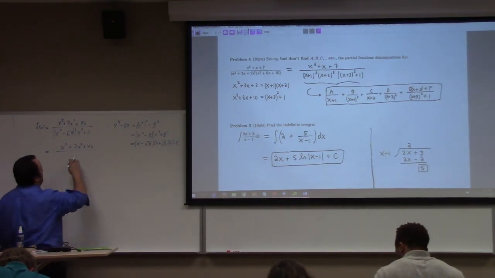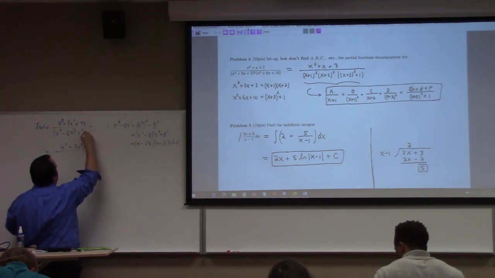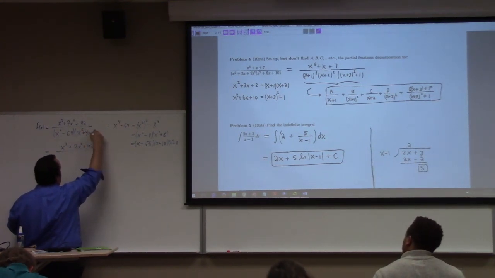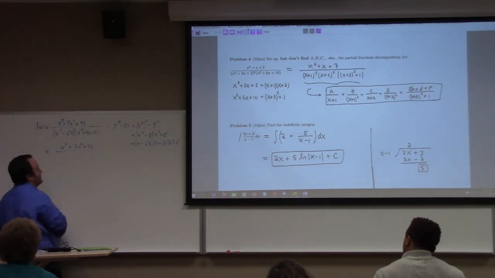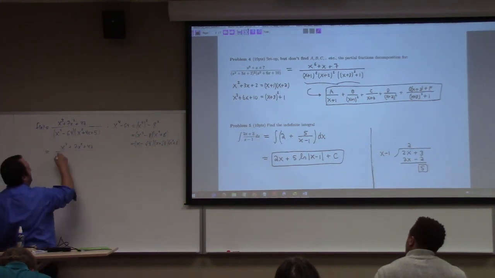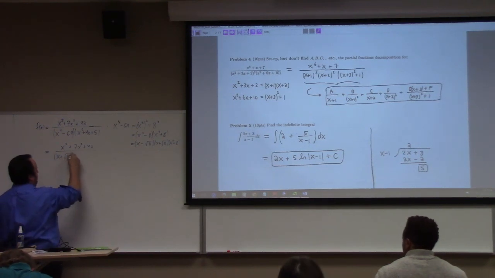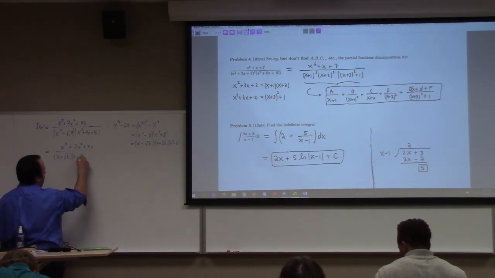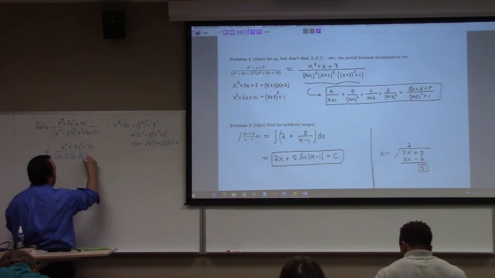If you don't mind, I'm going to change that x squared plus 1 to an x squared plus 4x plus 5, just for the sake of making sure we know what we're doing. Okay, so this, we just figured out, is x plus root 8 times x minus root 8 times x squared plus 8.